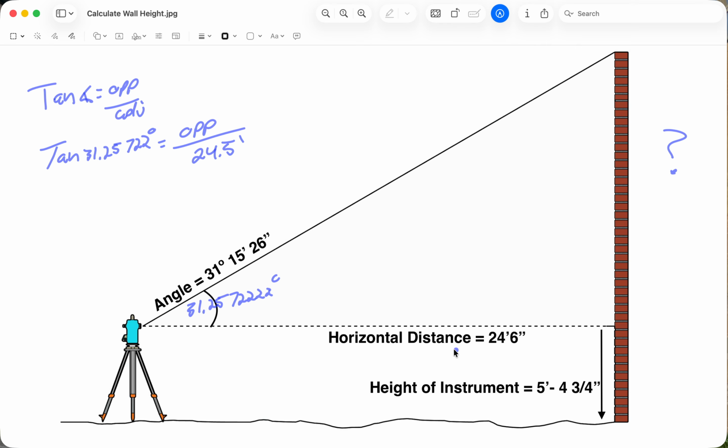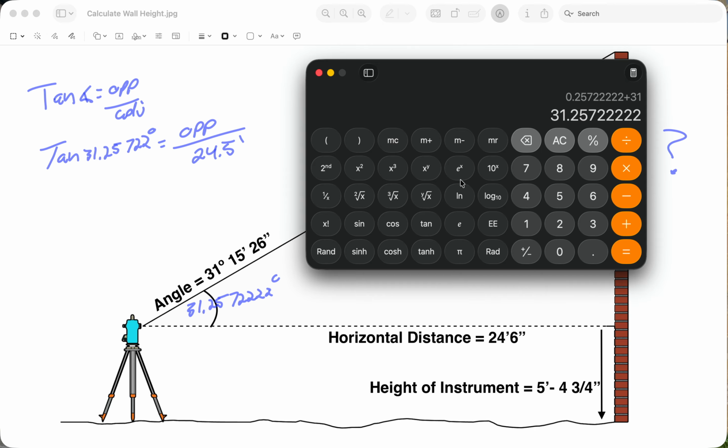Now, here's a little trick that I like to use. If this were 45 degrees, the rise and the run would be the same. Because this 31 degrees is less than 45 degrees, the overall height on this side should be less than 24.5 feet. So whatever we do to the 24.5, the answer is going to have to be smaller.